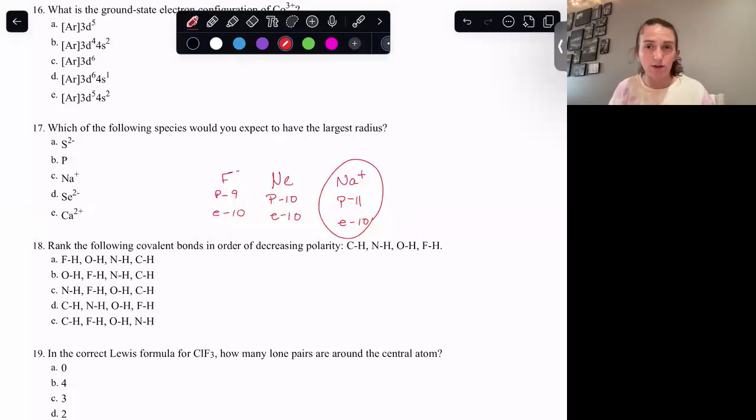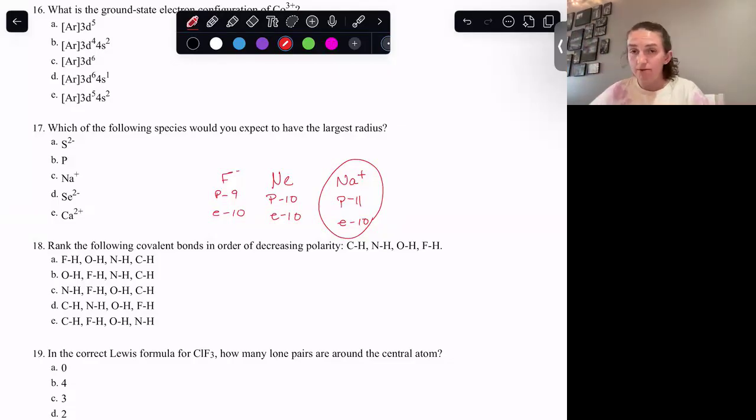The nucleus is more positively charged, so it is going to have more attraction to those 10 electrons than it will if it were 10 to 10 or if it were 9 to 10. If it's 9 to 10 like fluorine, it doesn't have as strong an attraction because there's less positive charge than negative charge. So that electron cloud is going to expand out a bit.